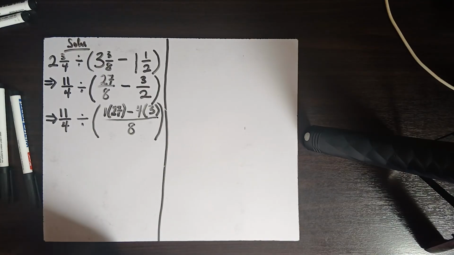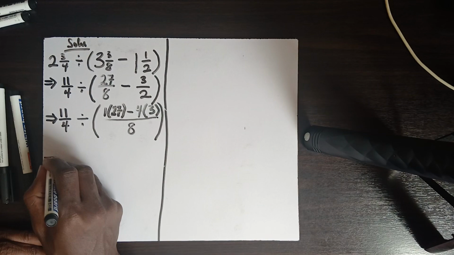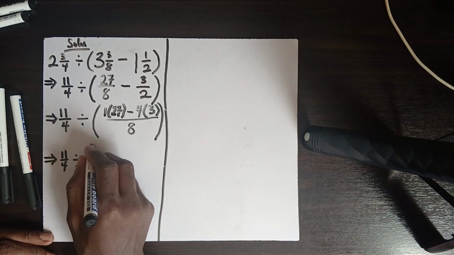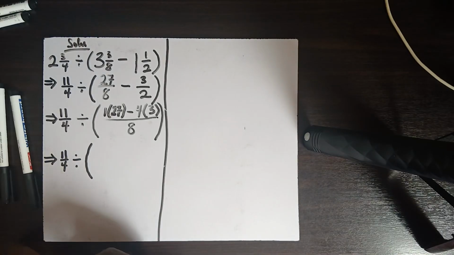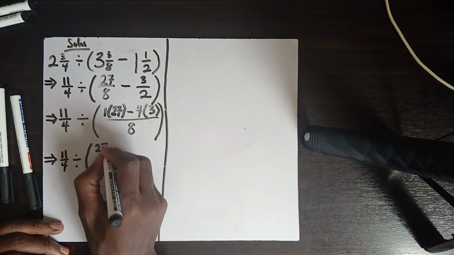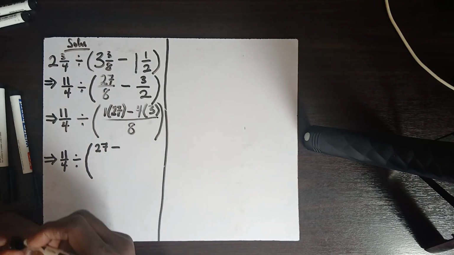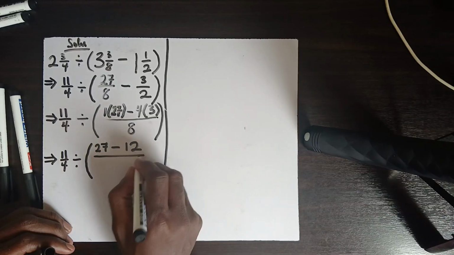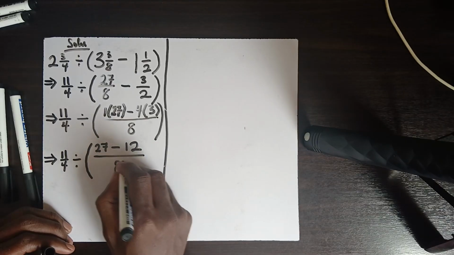Okay, so let's continue. Now we have 11 over 4 divided by, let's simplify further. 1 times 27 will give us 27 at the top. Then 4 times 3 will give us 12. So we have 27 minus 12 all over 8.